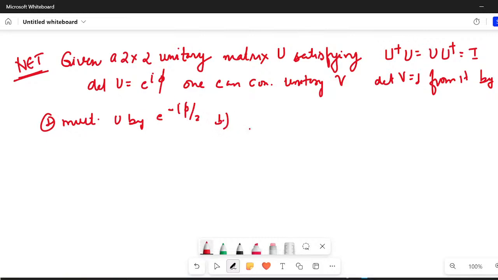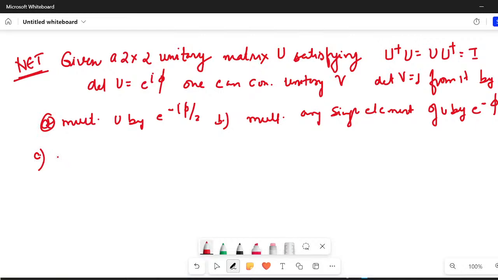Option number B, multiplying any single element of U by e raised to the power minus 5. Option number C, so this is A, I guess.